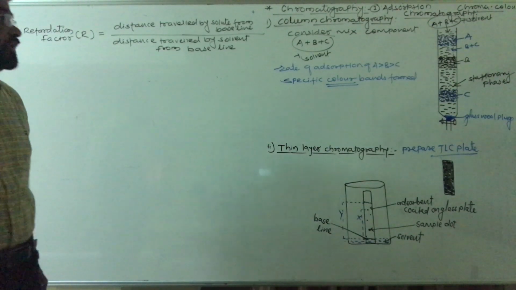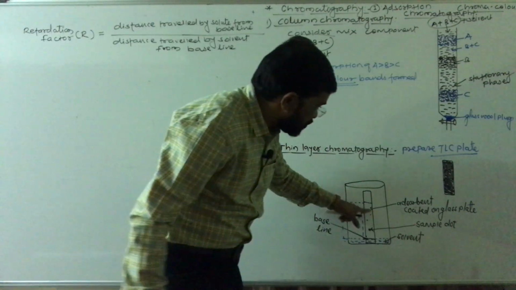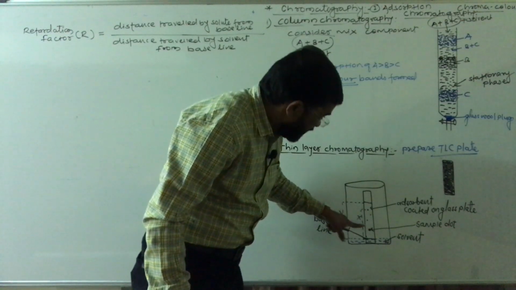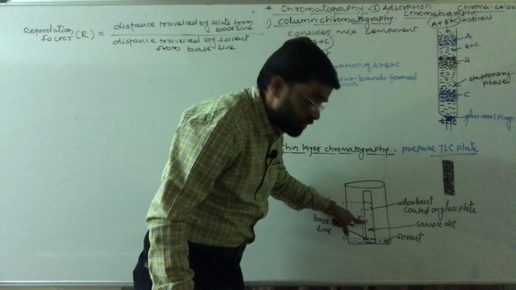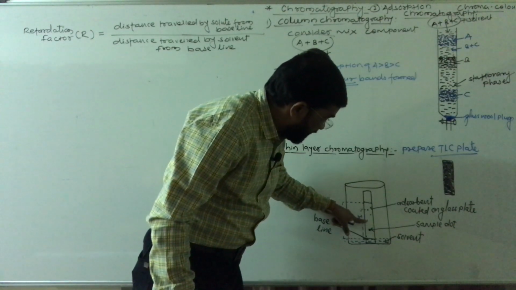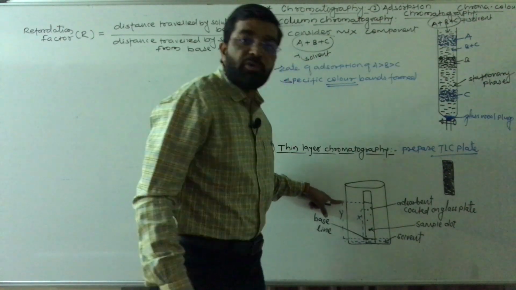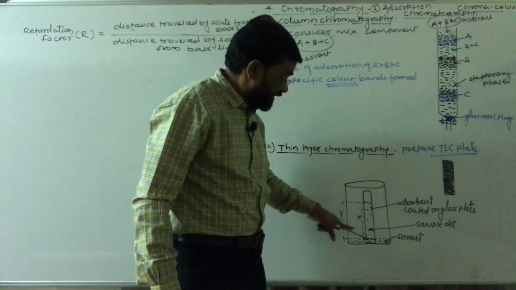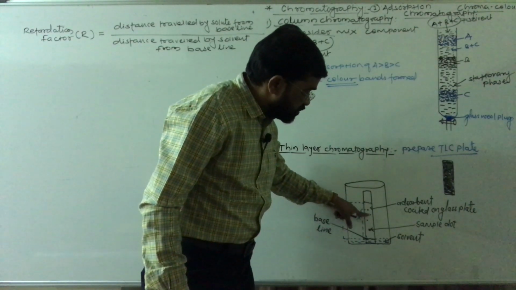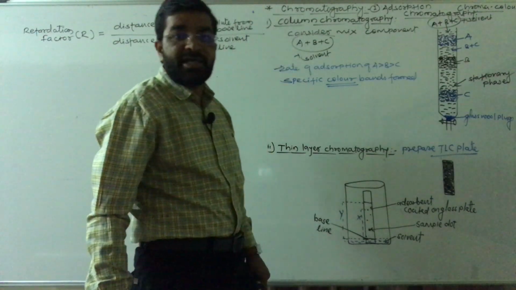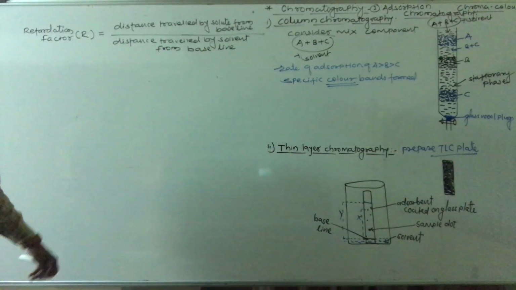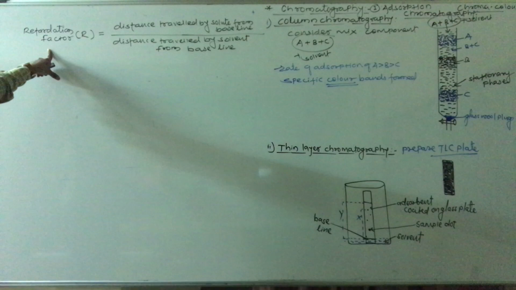Migration of solute: here there are 3 solutes suppose in this case, then this is nothing but one solute, the distance traveled by this solute divided by the distance traveled by the solvent from the baseline. So that factor is called the retardation factor.